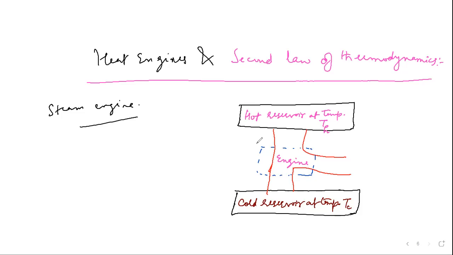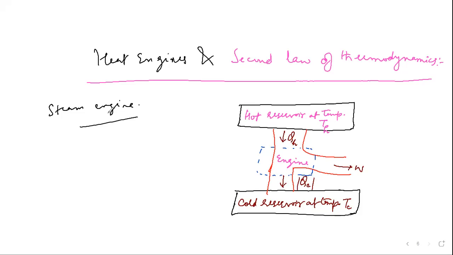So first I write, let this be QH, let this be W. Here it is QC but in modulus. This is a schematic representation of heat engine.